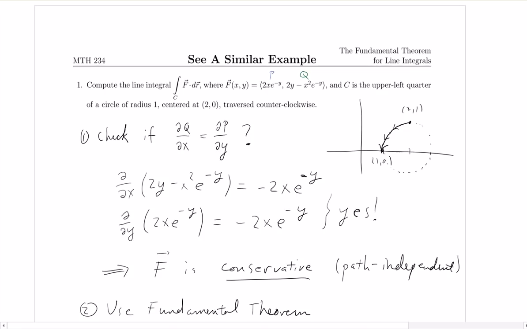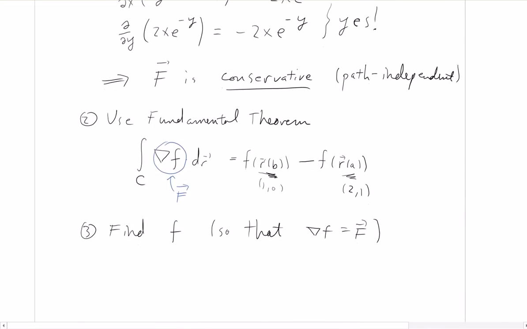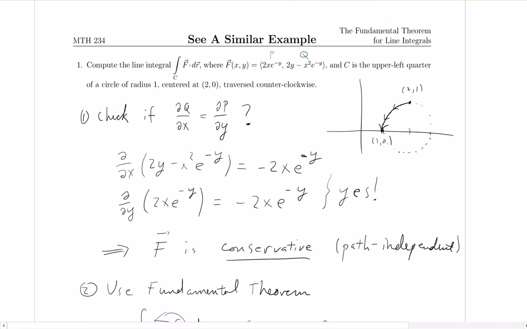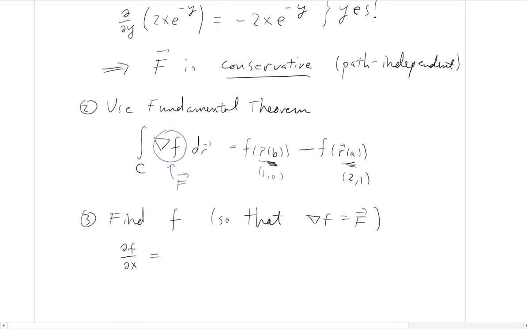So let's see what would need to happen there for that to be true. So let me repeat that. If this is going to be true, then what we need to happen is that the x derivative of little f should be the x component of the original vector field. So 2x e to the minus y.